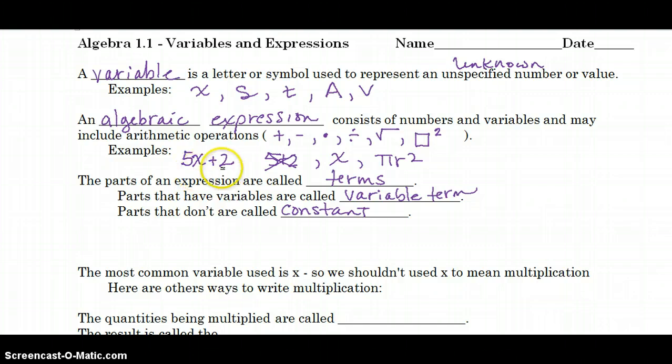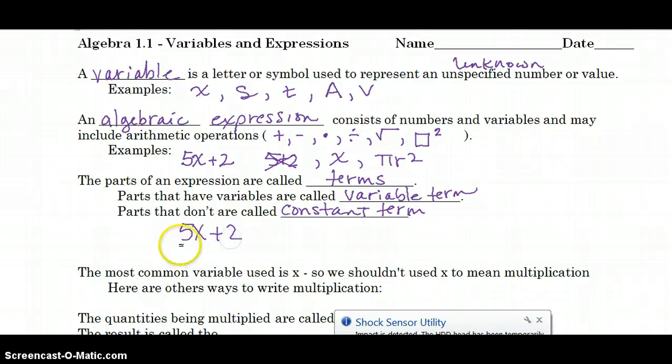But 2 is never going to change. It's going to be constant. So it's a constant term. So again, in 5x + 2, this is your variable term, and this is your constant.